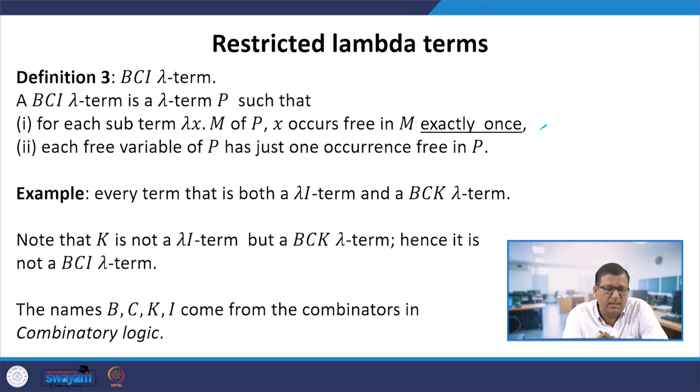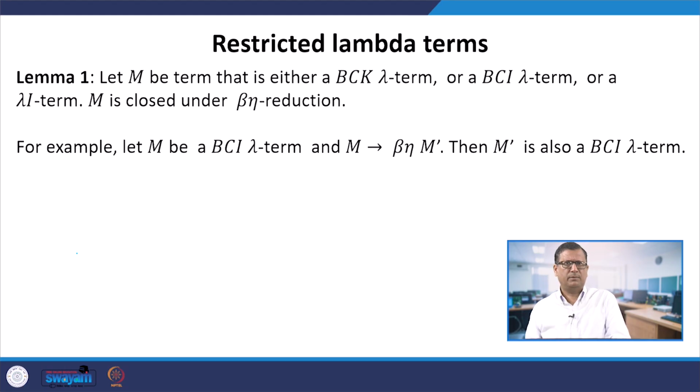If that is the case, then all such terms will be BCI lambda terms. Note that K is not a lambda I term, but is a BCK lambda term. Hence it is not a BCI lambda term. And the names of these combinators are from the standard combinators in combinatory logic. So these are the 3 classes that are there in restricted lambda terms.